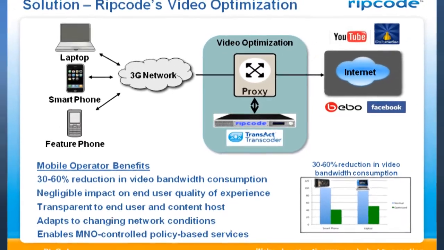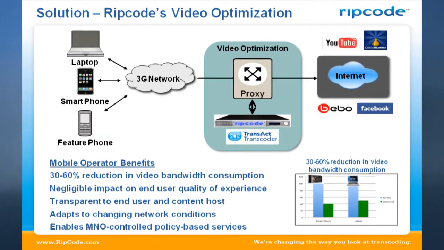So once a video session is recognized by a proxy server in a mobile environment, it can be handed off to our optimizer and transcode solution. We can transcode that video session on the fly to a reduced bit rate, do that in a policy-based fashion, and then deliver out the content to the end user mobile device. So the trick is to do that in a transparent way.